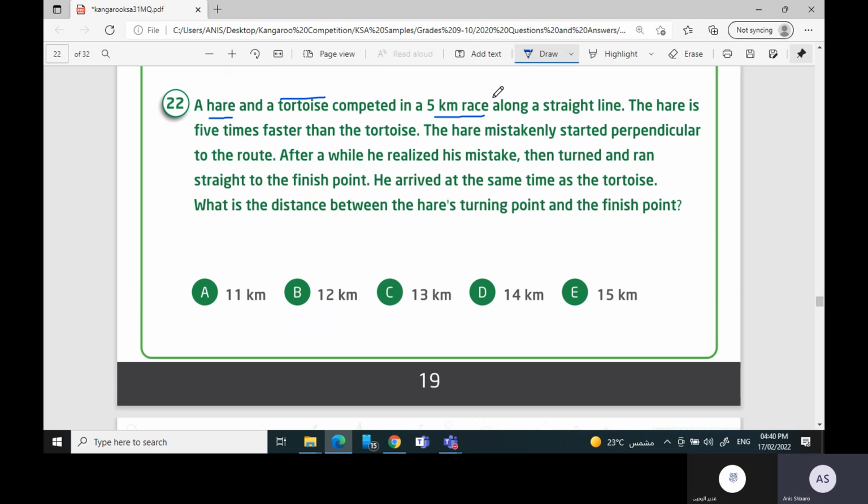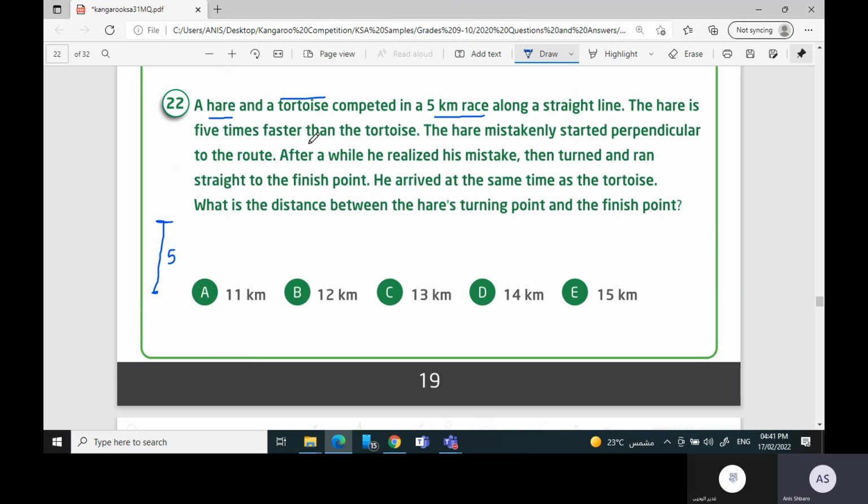Okay, this question is not like the story you all know. Along a straight line. Let me draw it. So this is the way they started from here and they must finish here. Now, the length of this way is 5 kilometers.